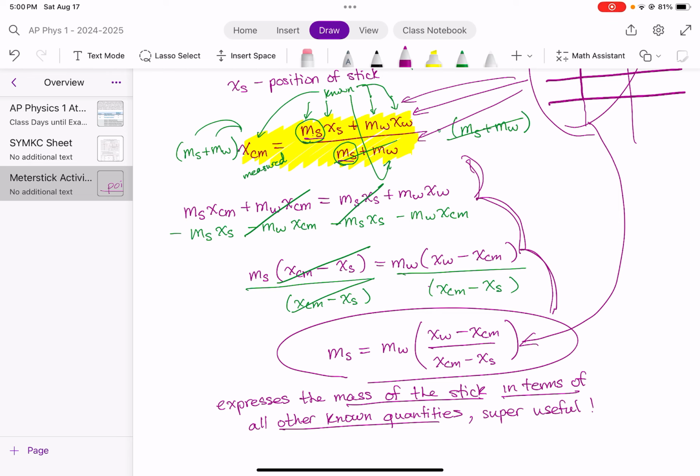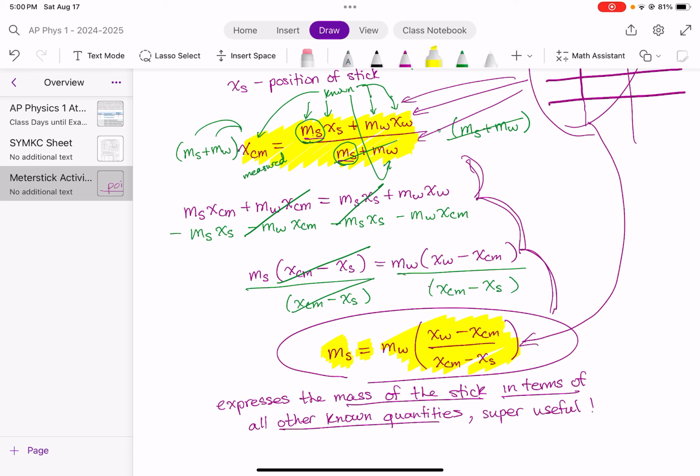So basically all that means is you want what you're looking for, an equal sign, and then everything else on the other side, right? However you need to do that mathematically, just doing some basic algebra. That's a really common technique that you're going to see over and over again.